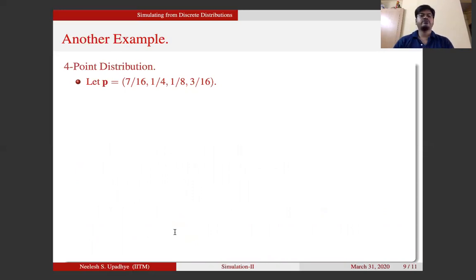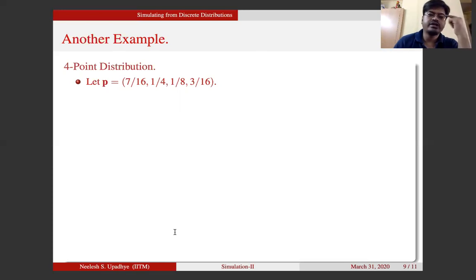Now, according to our algorithm, I want to understand what is Q1. Q1 can have only two non-zero points. So in order to decide that, now my n is equal to 4. So n minus 1 is equal to 3. Therefore, I want 1 upon n minus 1 to be equal to 1 by 3. That is very clear. So I want to find some pj such that pj is less than 1 by 3.